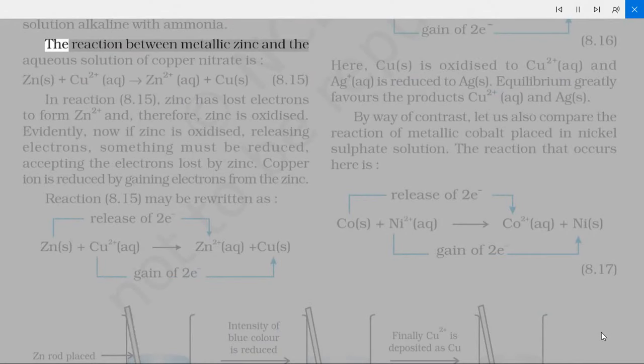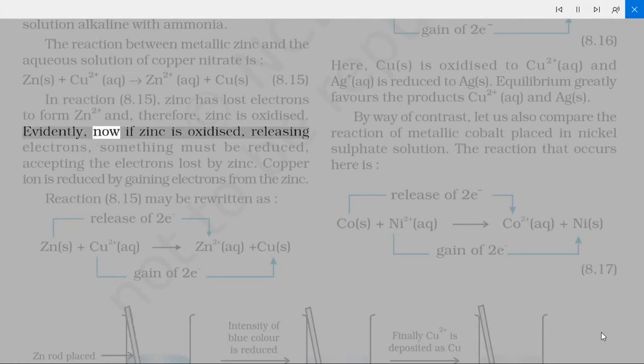The reaction between metallic zinc and the aqueous solution of copper nitrate is Zn(s) + Cu2+(aq) → Zn2+(aq) + Cu(s) (8.15). In reaction 8.15, zinc has lost electrons to form Zn2+ and, therefore, zinc is oxidized.